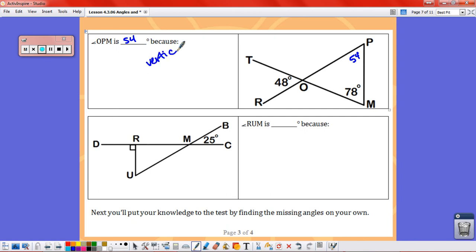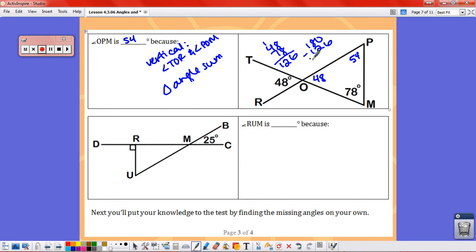The vertical pair is TOR and angle POM. So if this angle is 48 degrees, its vertical pair is also 48 degrees. Then we go ahead and do the triangle angle sum. 48 and 78 is 126, and 180 minus 126 is 54.